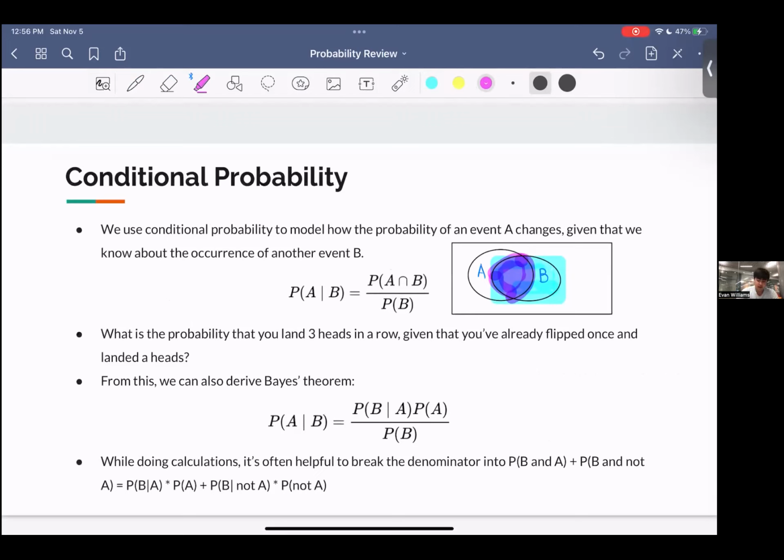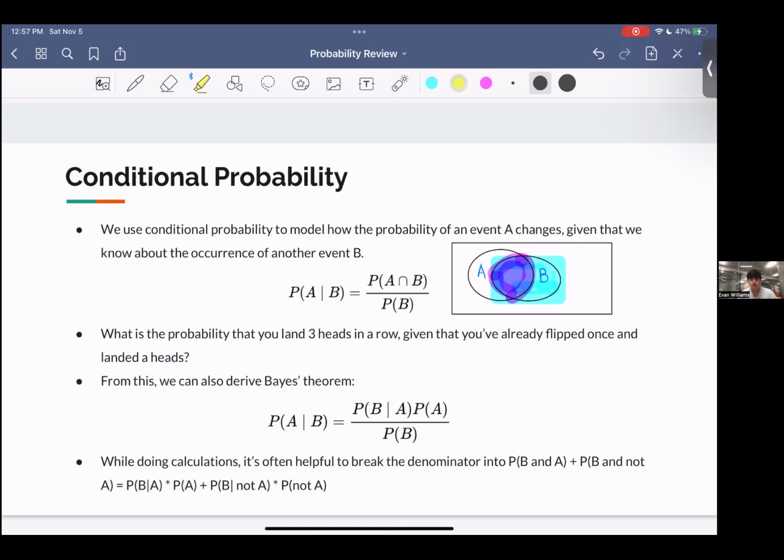We can use this to calculate things like the probability that we land 3 heads in a row, given that I've already flipped one and landed a heads. If I didn't know that, I'd have to calculate the probability of 3 heads landing in a row. But now I only need to calculate the probability that 2 more heads land in a row after knowing that the first one is a heads.